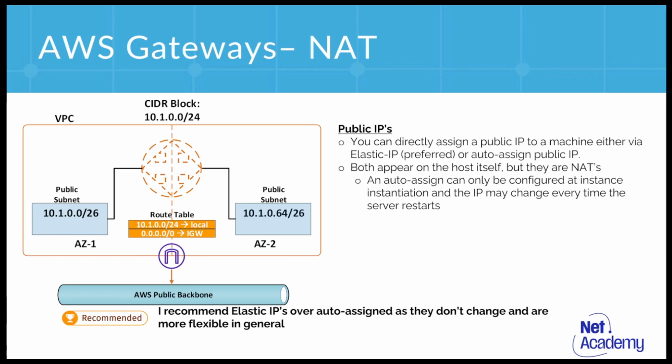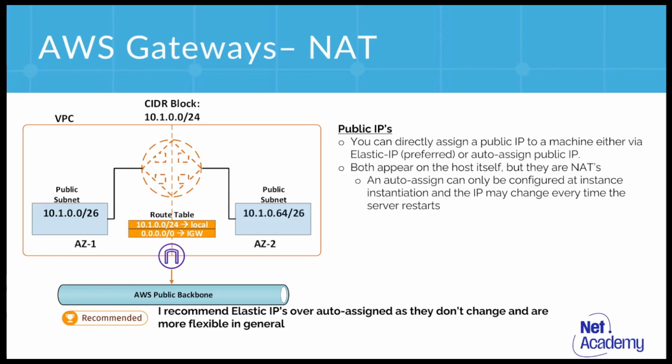The reason I don't care much for auto-assign is they can only be configured or enabled at instantiation and then never again. So it's a one-time process, right? Also, the IP can change every single time that the server restarts. Again, I don't like that. That just seems to be a security nightmare to me and an operational nightmare as well.